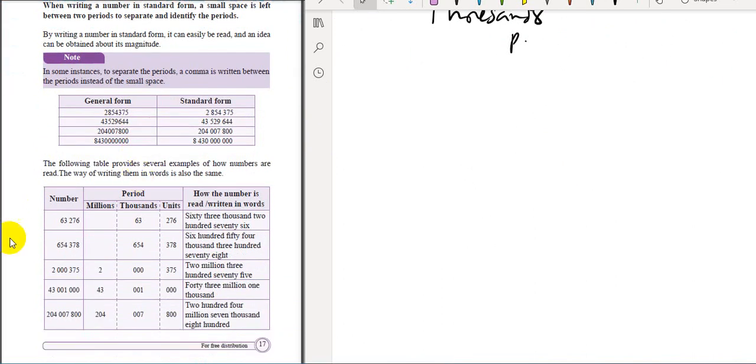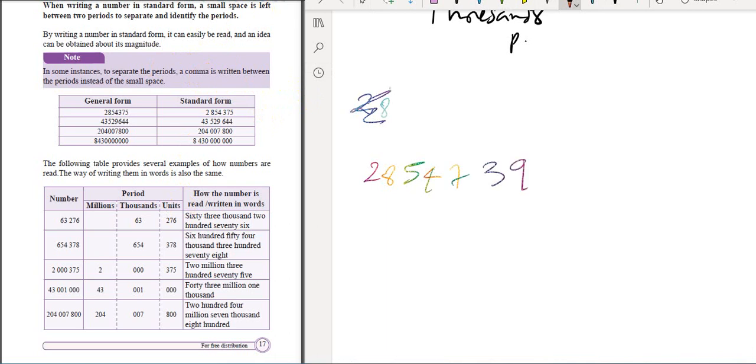For example, we cannot write this number like this. This is the general form. In the standard form, we have to leave a small gap between these periods, between each three digits. Example, how to write this one: 2 8 5 4 7 3 9.